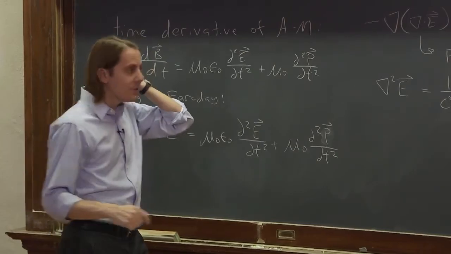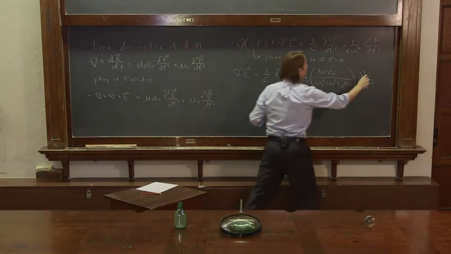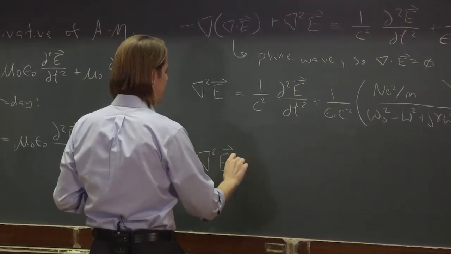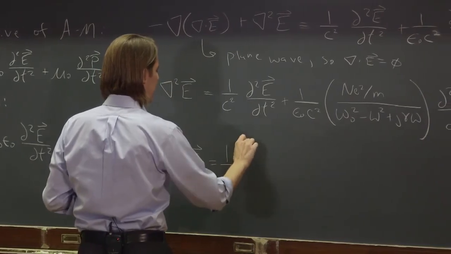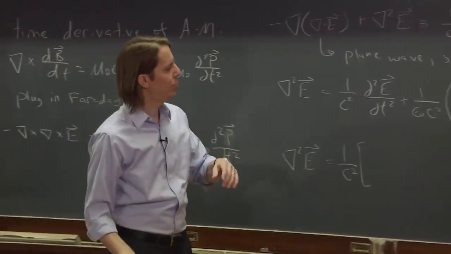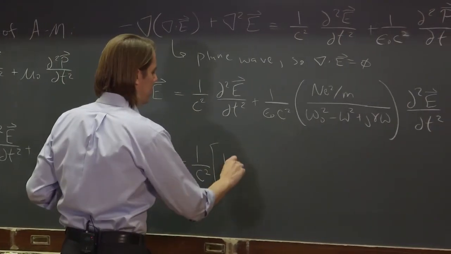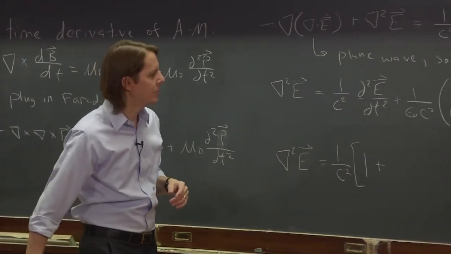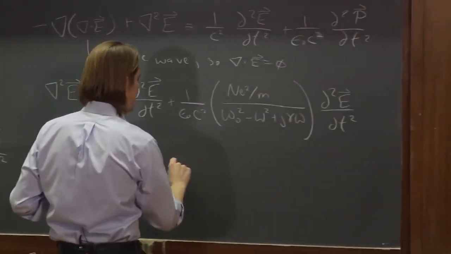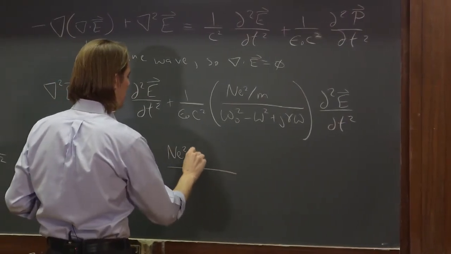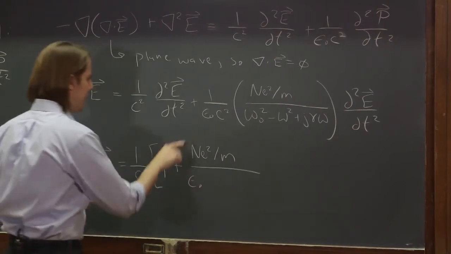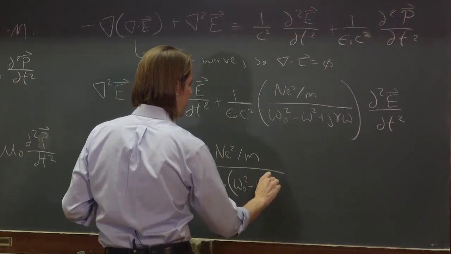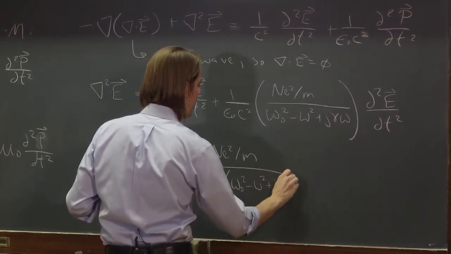If we now just combine these two d²E/dt² terms, then we have del squared of E equals 1 over c squared, and then we're going to start pulling stuff out. This is going to be 1 plus this other big term, which must have an epsilon naught added to the bottom, which must be nE squared over m times epsilon naught, because that little epsilon naught is left, times omega naught squared minus omega squared plus j gamma omega.